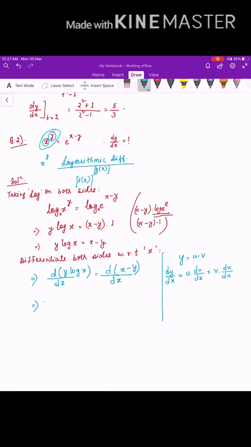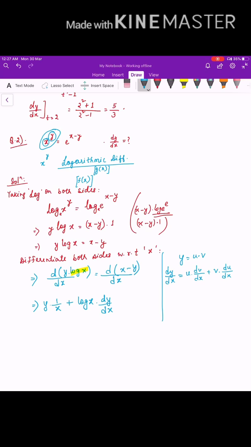Similarly, I'll take the first term as constant, I'll differentiate log x. I know that if I differentiate log x with respect to x, I get 1 by x, plus taking the second term as constant, I have to differentiate y.